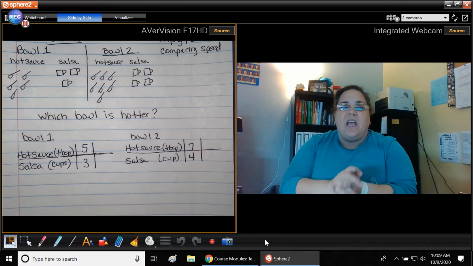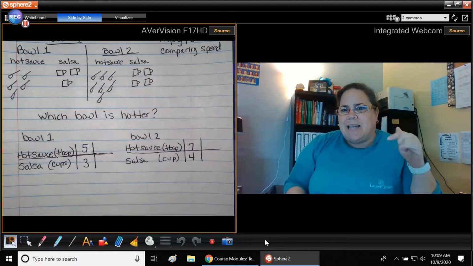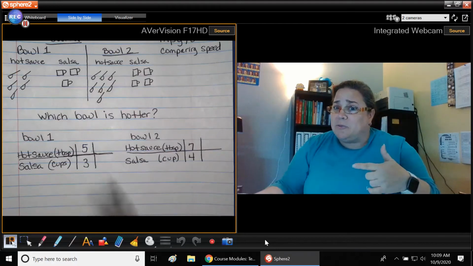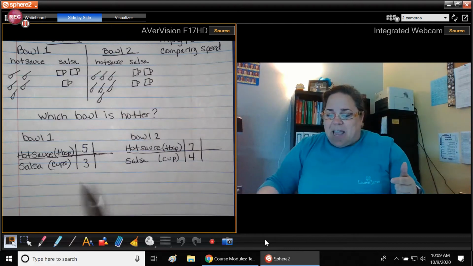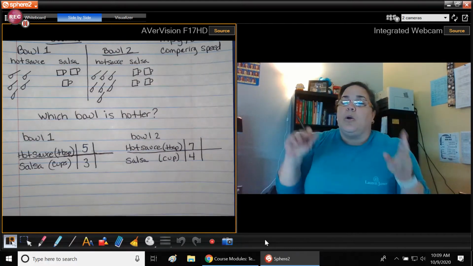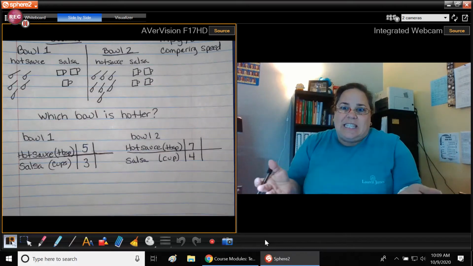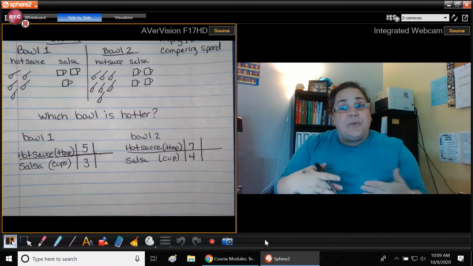Ready? All we need to do is look at the bottom number. Remember, that's kind of like our denominator because ratios are fractions, aren't they? So if I look at my denominator, I'm looking for my LCM, or with fractions we call it LCD, least common denominator.